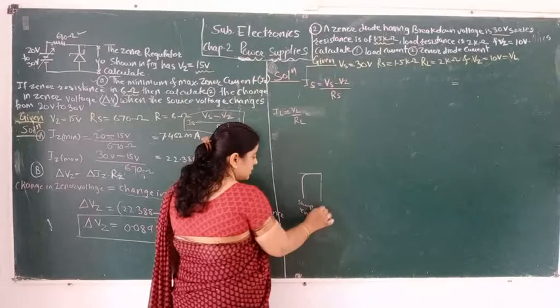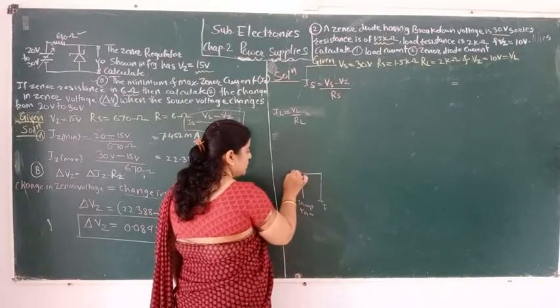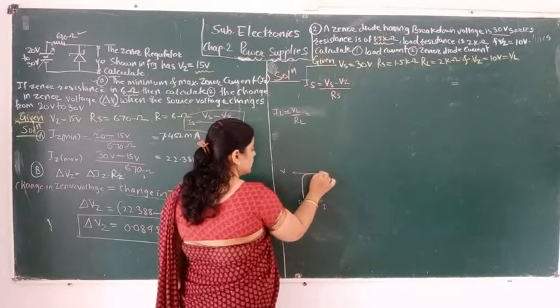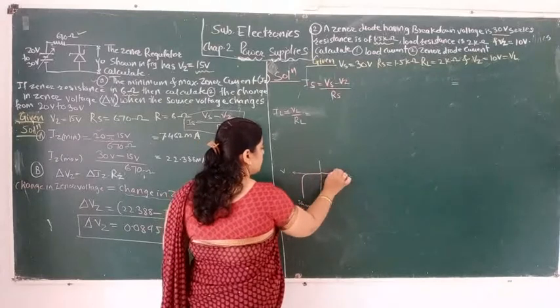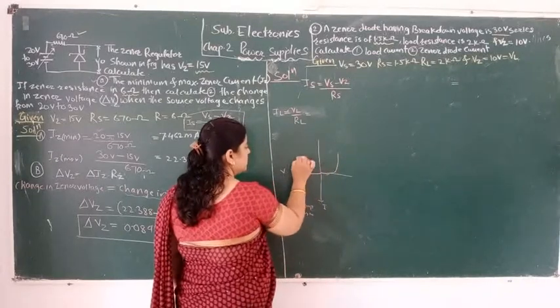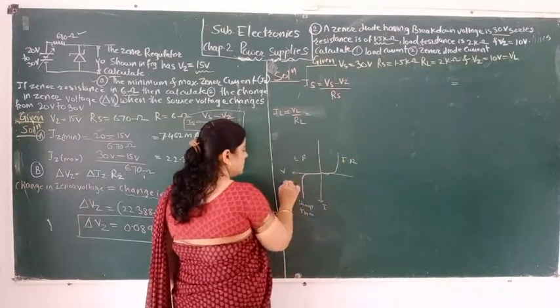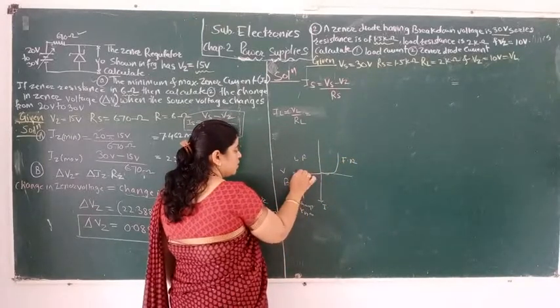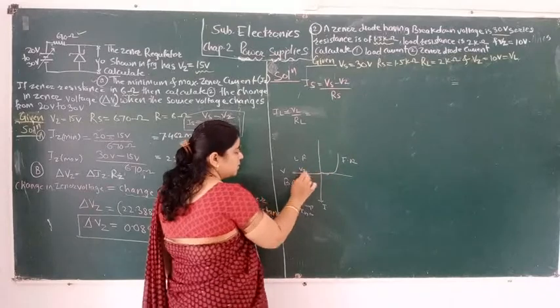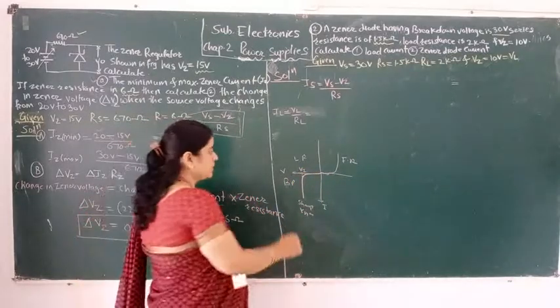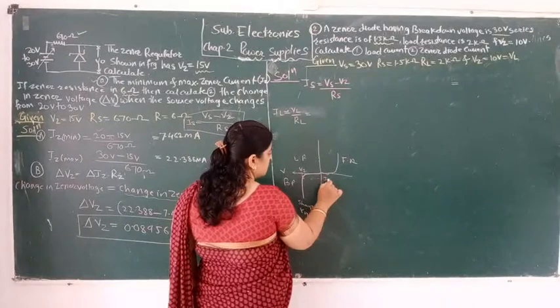This was current I, this was voltage V. This is the forward region, this is the leakage region, and this is the breakdown region. This was Vz, the constant voltage, where the current is Iz.